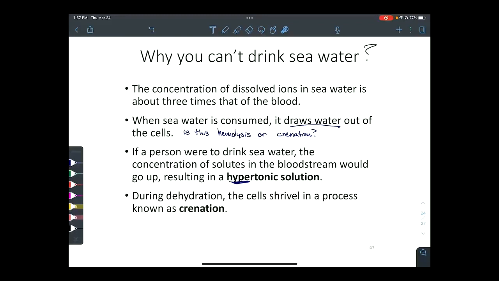In hypertonic solutions, water is going to leave our cells. And this is why drinking salt water actually dehydrates you. You'd think drinking water would hydrate you, but no, salt water will dehydrate you because water is leaving your cells. Your cells are going to shrivel up and undergo crenation in this case. So it draws water out of your cells.